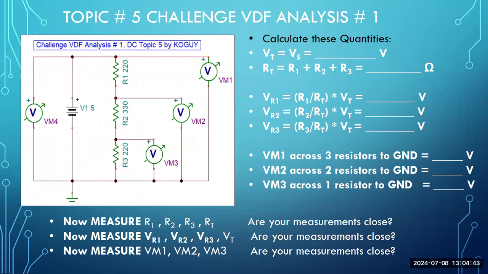If it doesn't match, then that will indicate where you might have a potential source of an error or some sort of a problem that could be on the board, could be some damage. So this kind of exercise of knowing ahead of time what each of these voltmeters should read in comparison to what they will read is very important to your troubleshooting in the field.